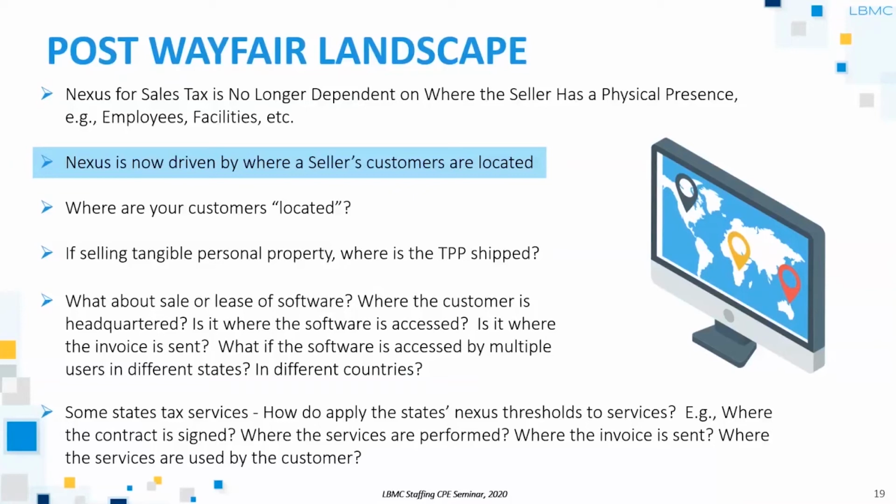They contract with an architect in Florida, but the designs are done in Georgia. You've got all these things going on. How in the world do I determine where my sales are sourced for complying with these Wayfair thresholds?